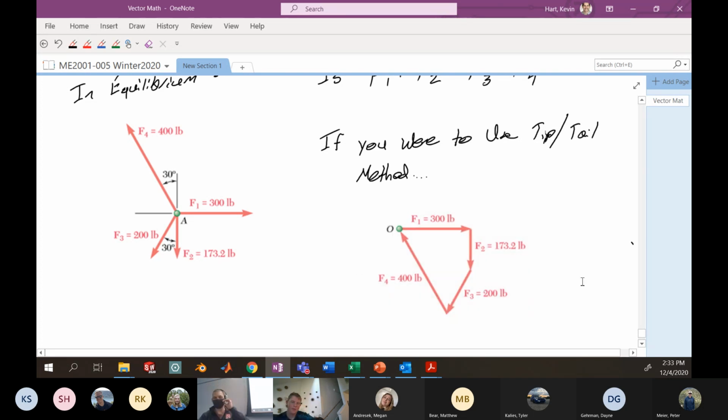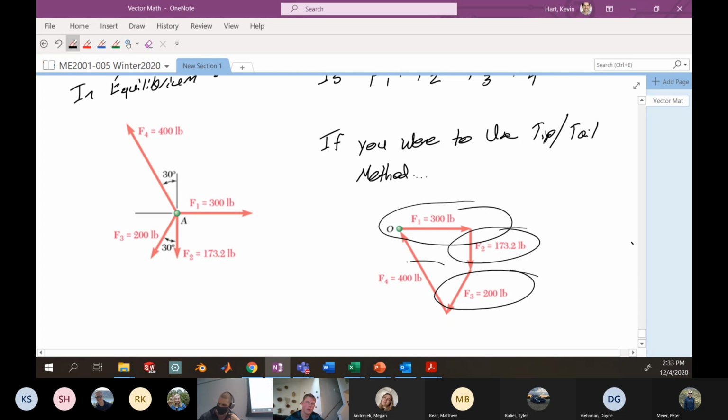So this goes back to our original definition of vector math, tip to tail, tip to tail, tip to tail, adding all these things together. And interestingly, if you rearranged all these guys in a proper way, you could get a situation where you could show with the tip to tail method that F1 plus F2 plus F3 plus F4 did originally get you back to your origin of this particular problem.